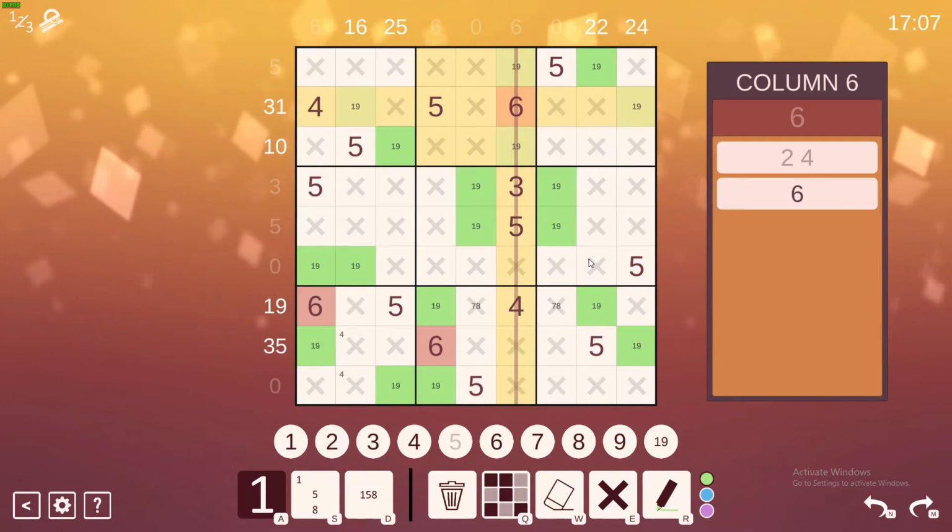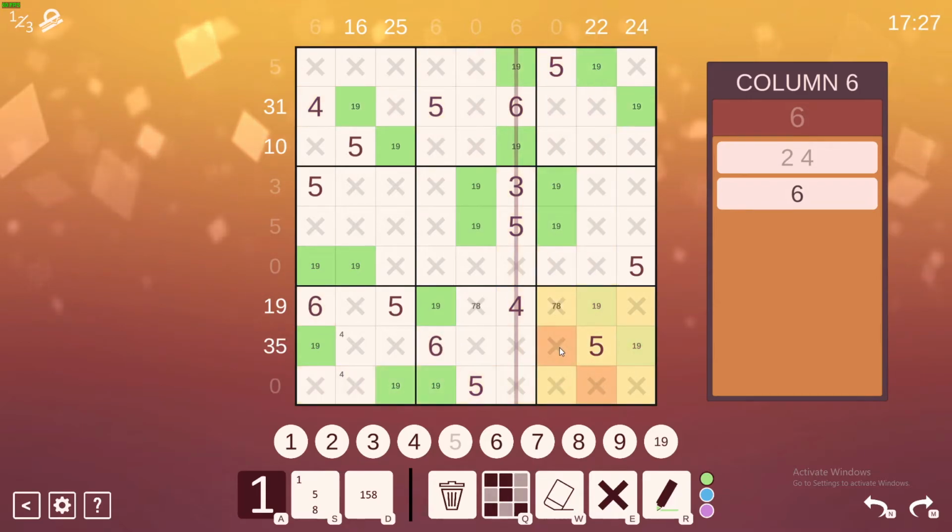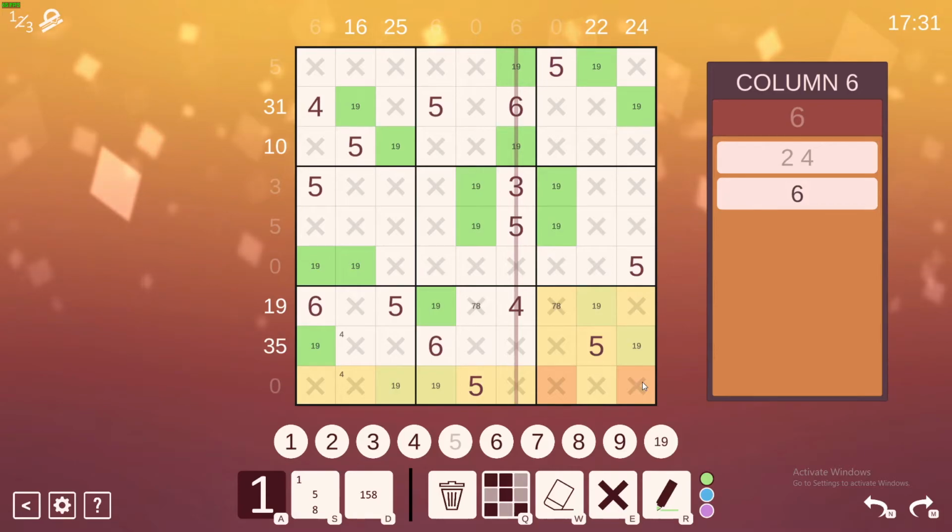So moving on, a 6 would probably be a good number to go on with. Since we have all of our 5s placed, our possibilities for 6s are now more limited. Such as, we cannot have a 6 here or in any of those. So we need to have a 6 down here.